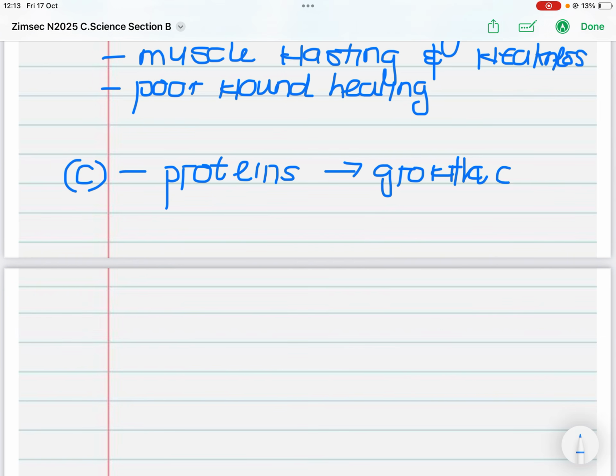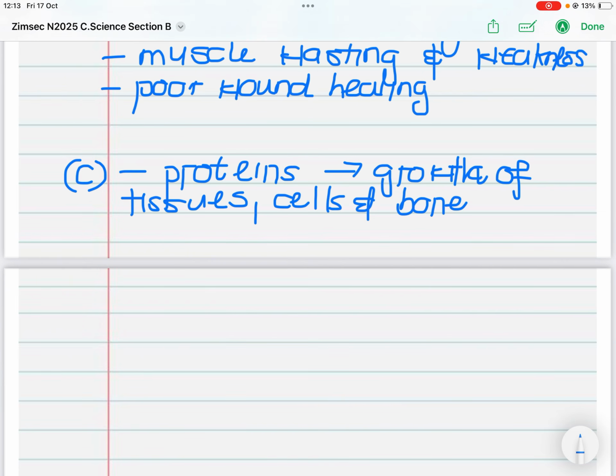This is for the growth of tissues, cells, and bones for the new baby growing in the womb. So the diet of a pregnant woman is supposed to have proteins, obtained from meat, beans, eggs. This is needed for growth of tissues, cells, and bones.